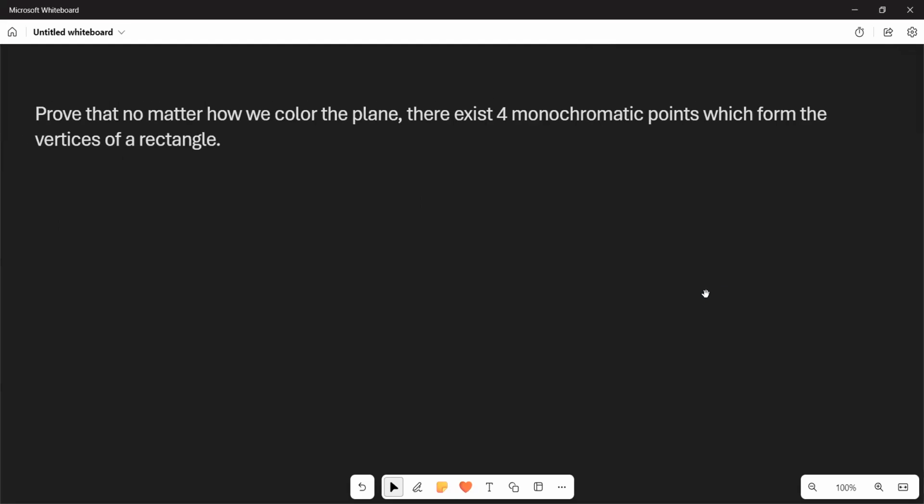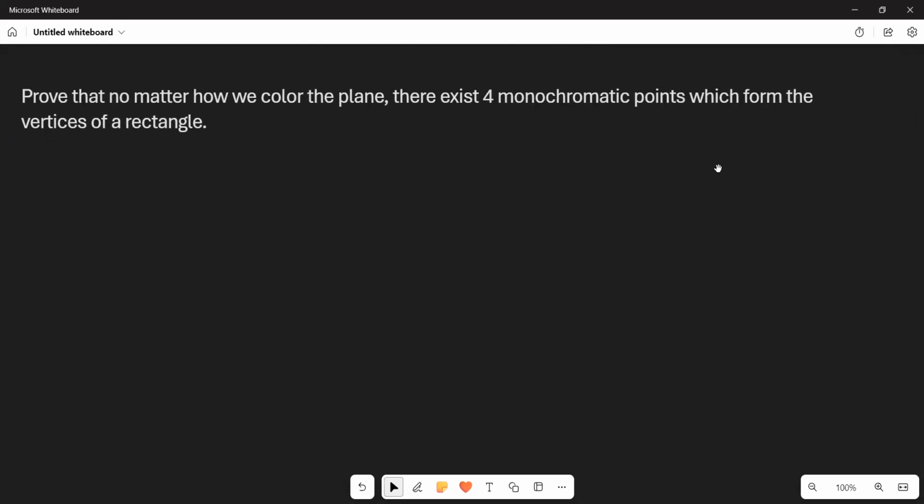Okay. Now this is very interesting. So this is the same premise as what you were doing earlier. We are again coloring it in two colors, red and blue, let's say. Now we want to show that there exist 4 monochromatic points, which means 4 points of the same color, and they form the vertices of a rectangle, something like this. So is the question clear?